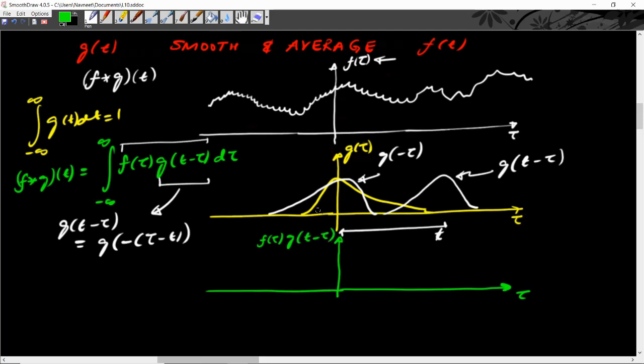So if we plot this term f of tau times g of t minus tau, we'll have product of these two functions over here and here. So the product will take on non-zero values only in the region where g of t minus tau is non-zero.